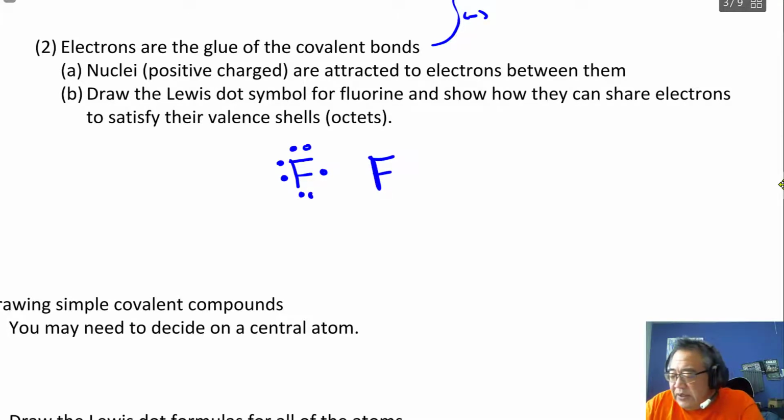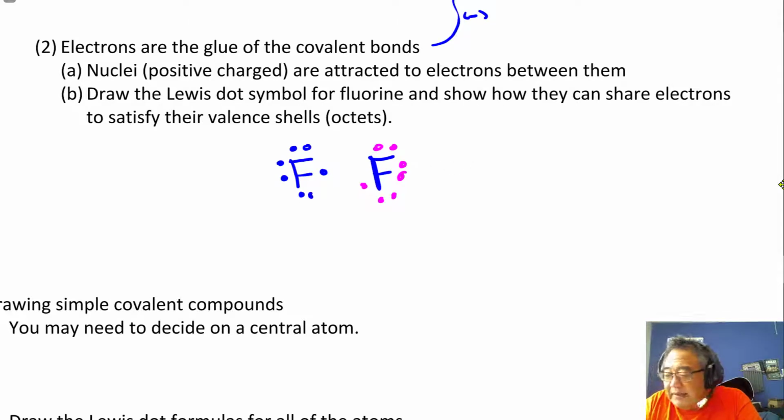I'm going to draw it like this, and I'm going to use fuchsia, which is what this color is, for the dots to represent this. Now, you notice that fluorine has 7, but needs 1 to get to 8, and both of them are that way. So they end up sharing the pair, right? And you end up getting a bond between the fluorine atoms.